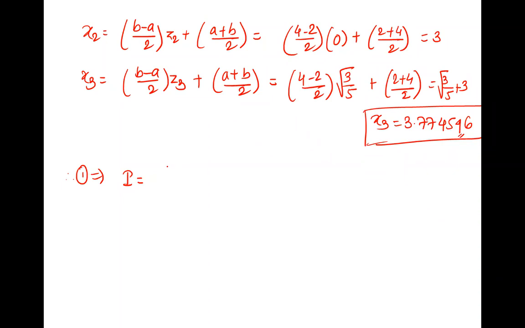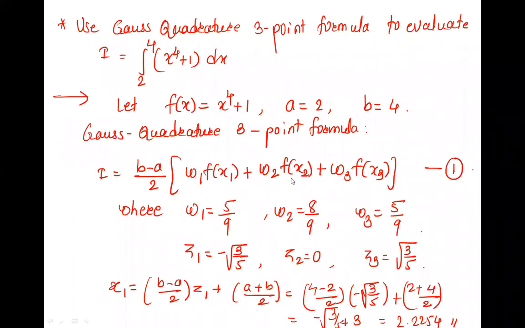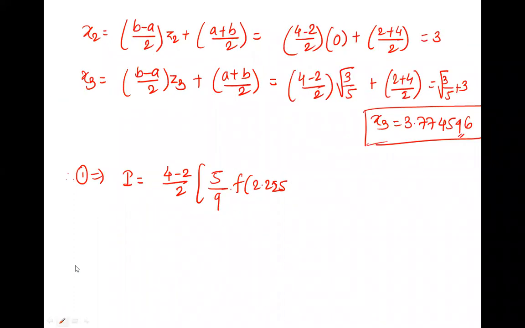It is (4 minus 2) by 2 into W1, which is 5 by 9, into f of x1. X1 we got 2.225. Plus W2, which is 8 by 9, into f of x2.